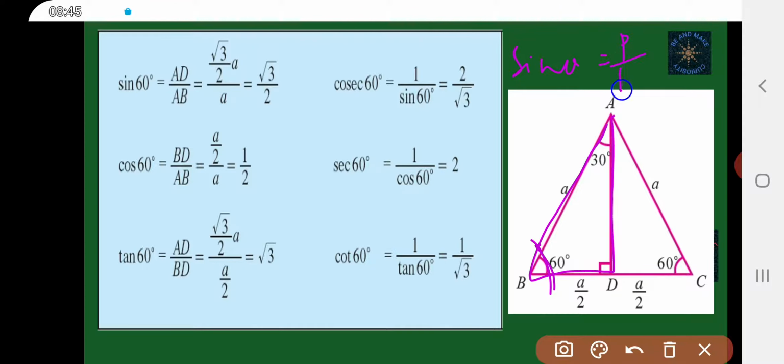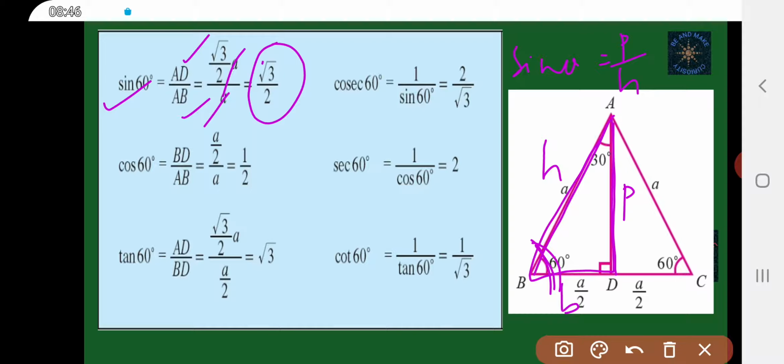P by H. For this angle P is your AD and H is AB and base BD. Okay, so here sin 60 degree is equal to AD by AB, and AD equal to how much? Root 3 by 2A by AB, AB is A, so A cancel, then you get root 3 by 2.